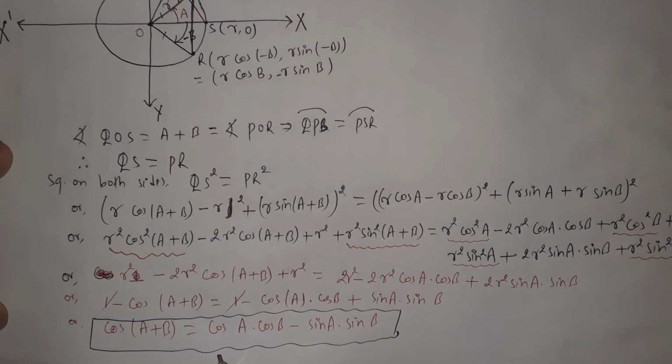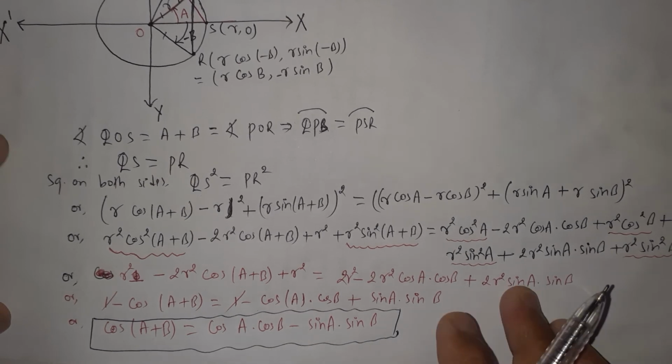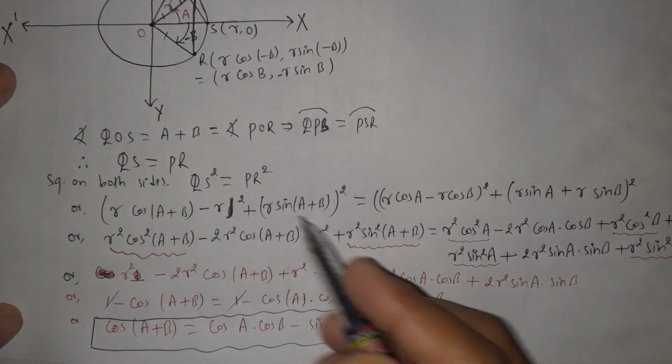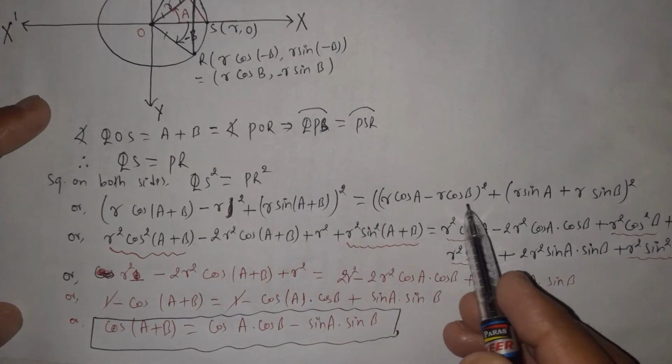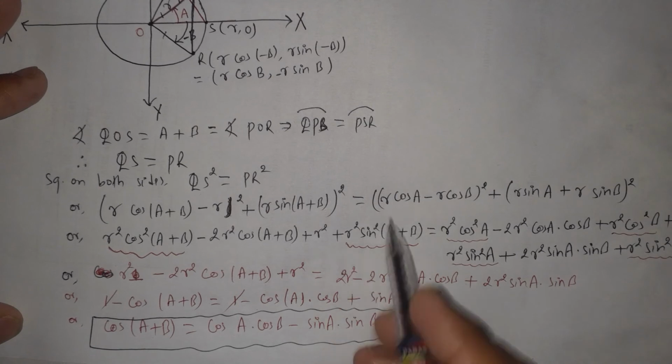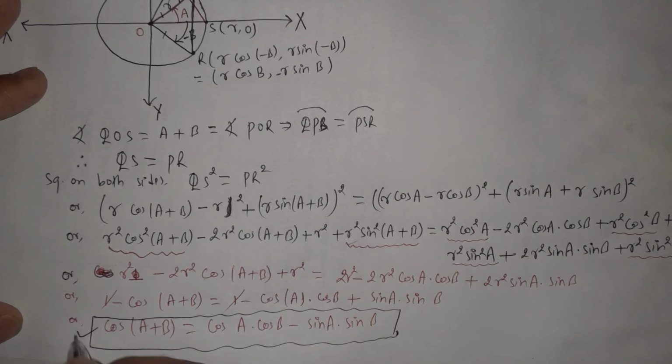The value of cos(A plus B) is cos A times cos B minus sin A times sin B. Here we just used the distance formula to calculate the distance between the two points, simplified, and finally got these relations.